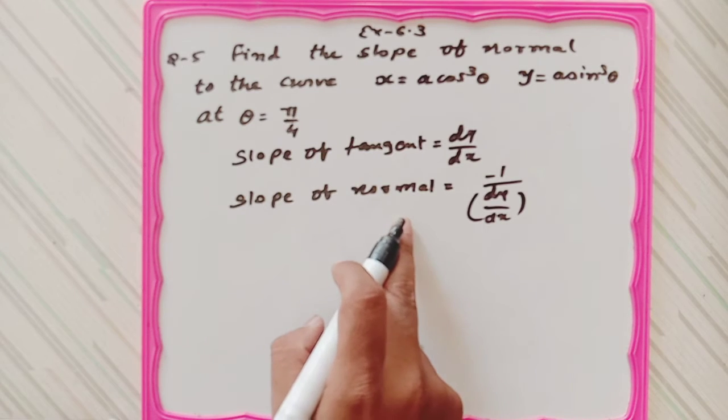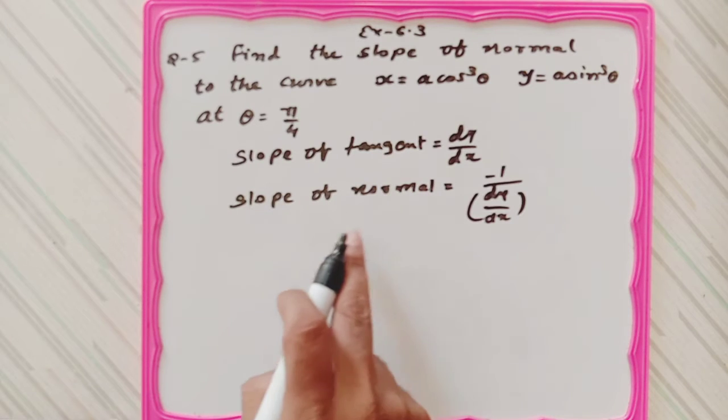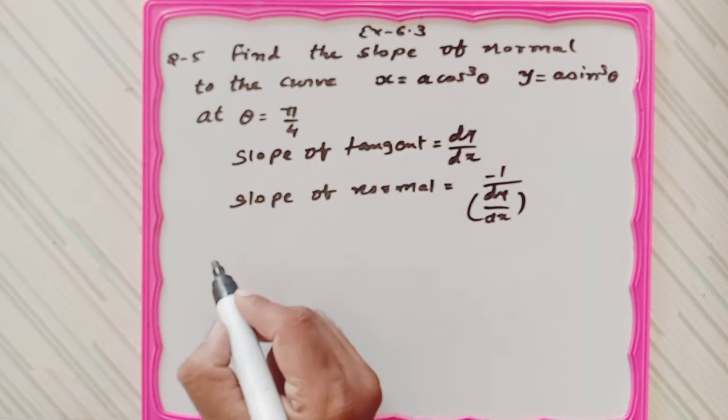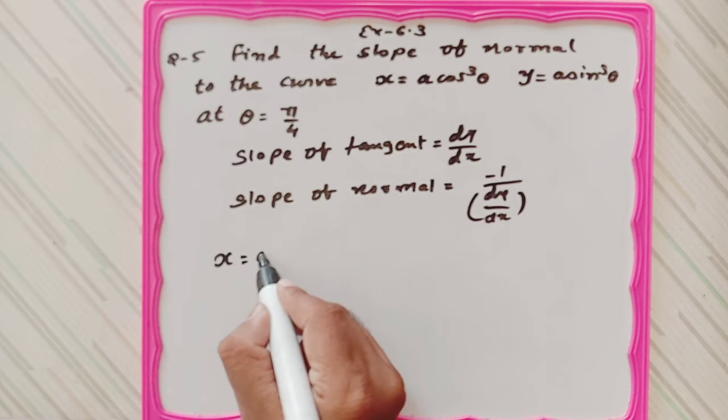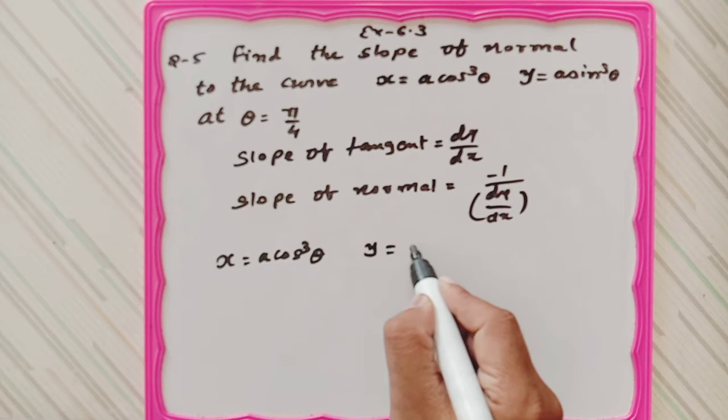So we want the slope of normal; we will first find the slope of tangent and then calculate the slope of normal. The equations given are x equals a cos cube theta, y equals a sin cube theta.